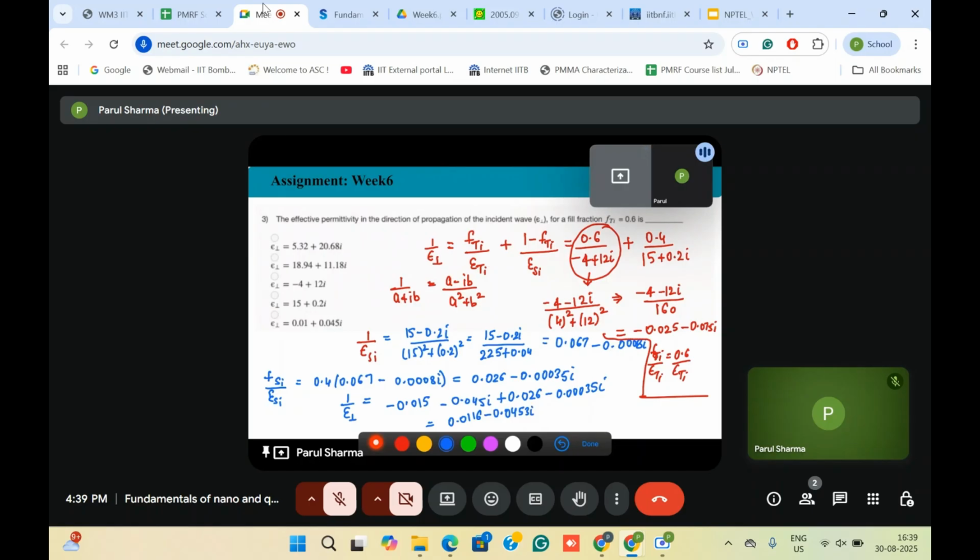So now for finding the absolute permittivity, it will be 0.0116 plus 0.0453i upon the squared magnitude.